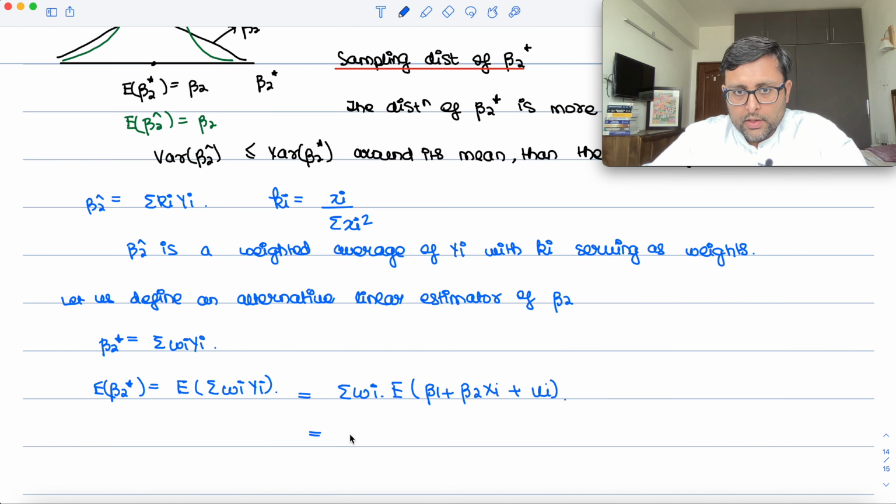E of beta 1 is beta 1, so it is beta 1 summation of wi plus beta 2 times summation of wi xi, because these are non-stochastic terms, so they come out of the expectation. And E of ui is 0.